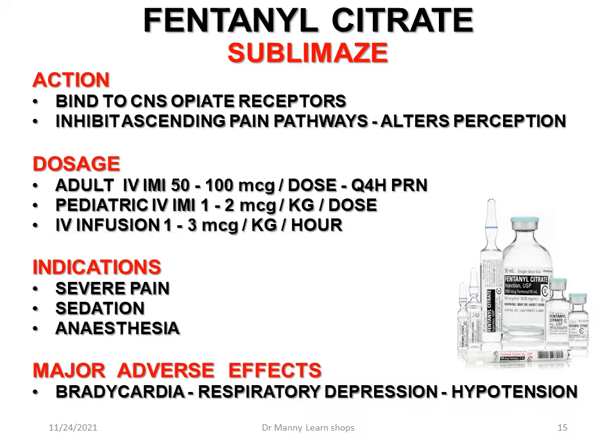And the indications are for severe pain in conjunction with sedation and anesthesia, but the adverse effects include bradycardia, respiratory depression, and hypotension. Adult doses are typically 50 to 100 micrograms per dose, pediatric 1 to 2 micrograms per kilogram per dose, and an IV infusion around about 1 to 3 micrograms per kilogram per hour in both populations.